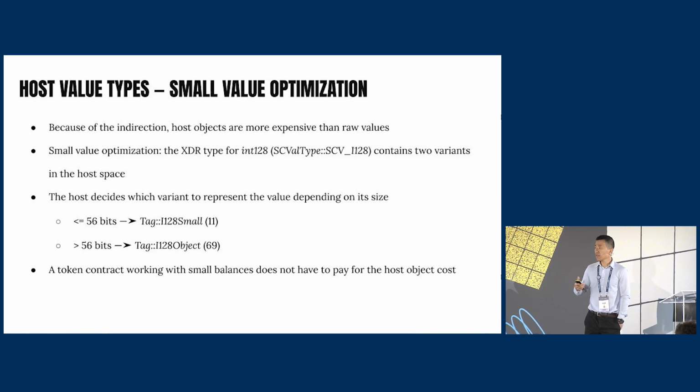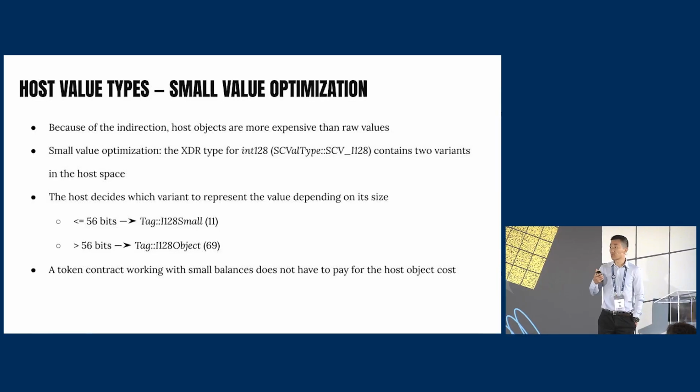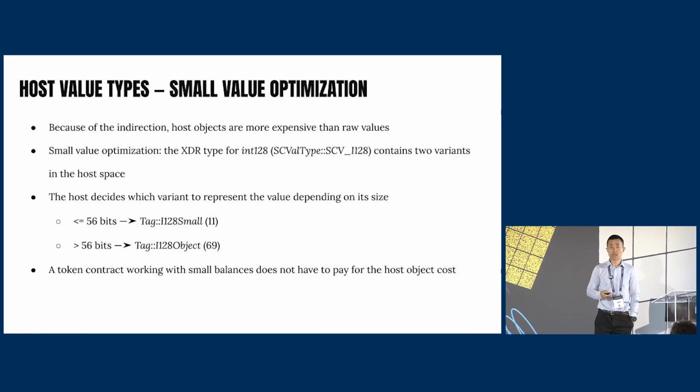If the value is small and can fit into 56 bits, then this value is represented as a tag I128 small value, in which case the whole value just fits into the 64-bit. There's no host object allocation, no indirection. Everything passes through freely between the boundary.